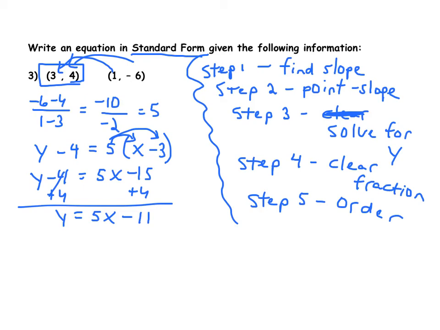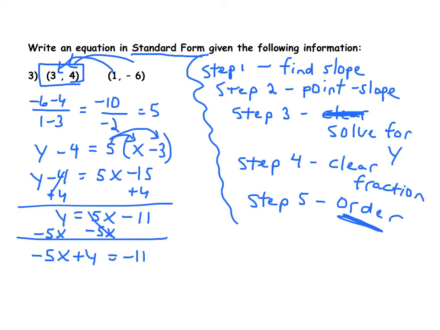Next, I don't have any fractions, so I don't have to clear fractions, but I do need this x to go over to the other side. And because it's positive, I can subtract it from both sides. So subtract 5x from the right, subtract 5x from the left. I end up with negative 5x plus y equals negative 11.